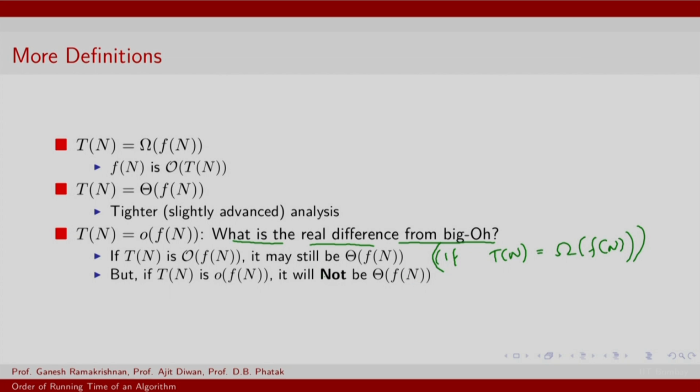But this is not true with small o. If Tn is small o Fn, it will not be theta Fn. There is no way that Fn gives you a tight bound for Tn, because even if Tn were omega Fn, you get a contradiction.